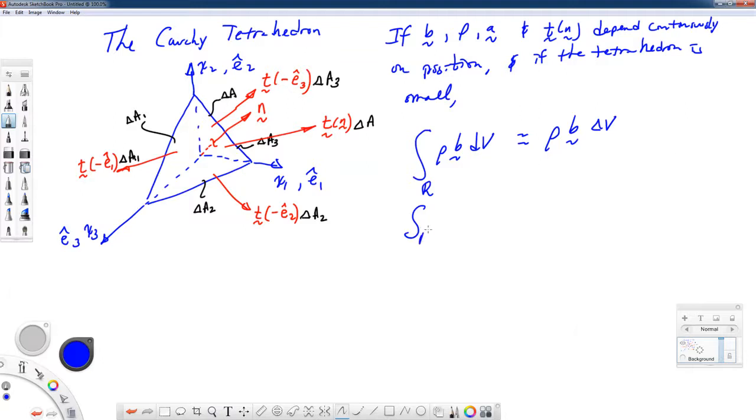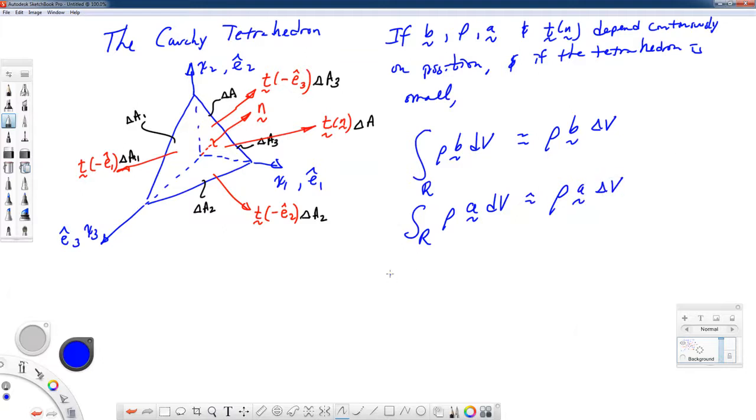Likewise, integrated over the body for the accelerations, we have the mass per volume times the acceleration times dV. That integral is approximately going to be equal to rho a delta V.